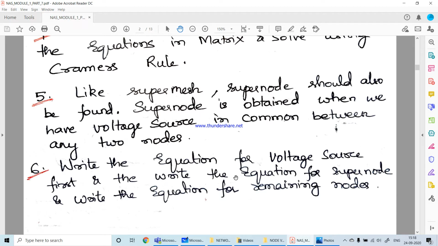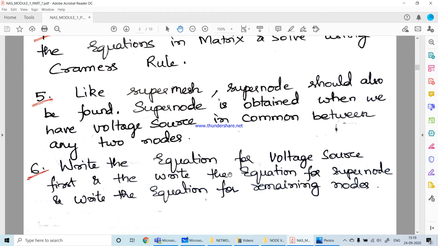Again you get all these equations, format them into a matrix, and then apply Cramer's rule to find whatever parameter is asked in the question.